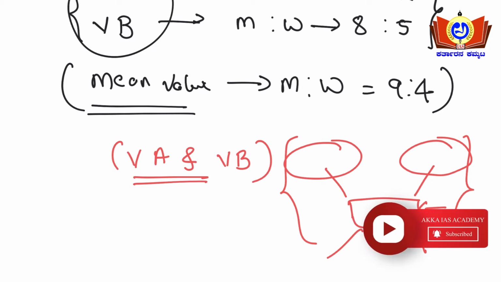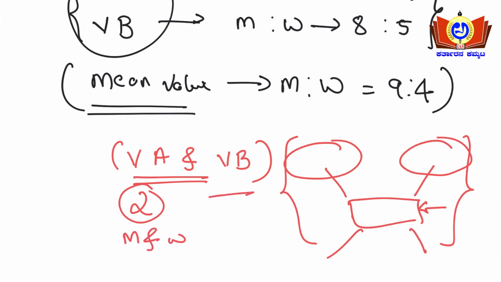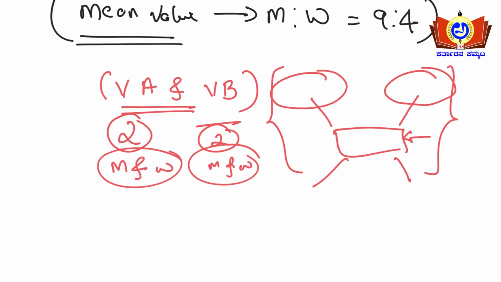But in each vessel there are two different mixtures, right? Milk and water, and milk and water. So either you need to take milk or water in this particular substitution.